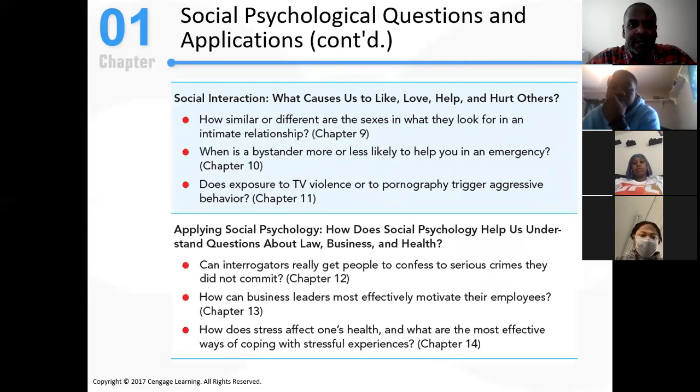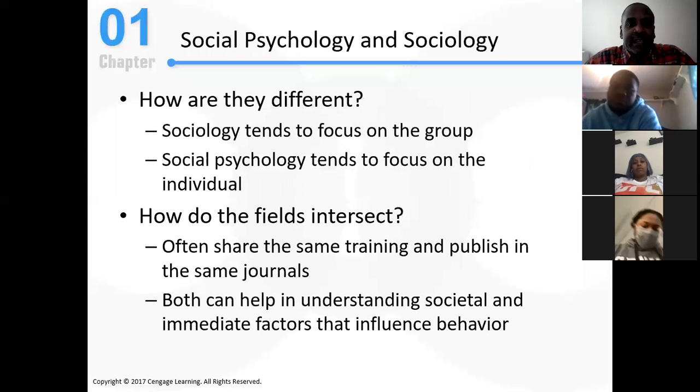We went through the different areas of social psychology that we're going to focus on, and that gives you a blueprint for the chapters that you're going to read in coming weeks that I think you'll find very interesting. And we left off talking about how sociology and social psychology have some differences.